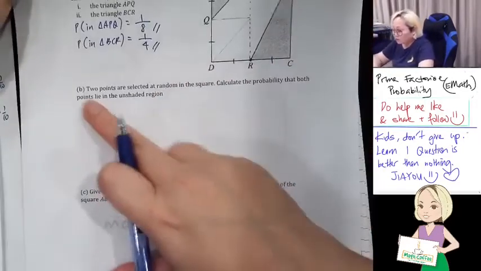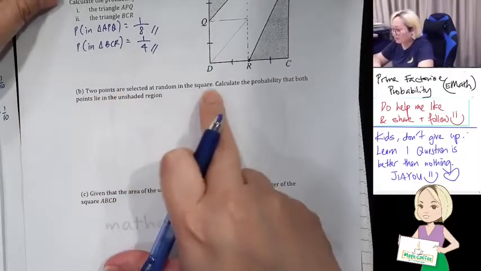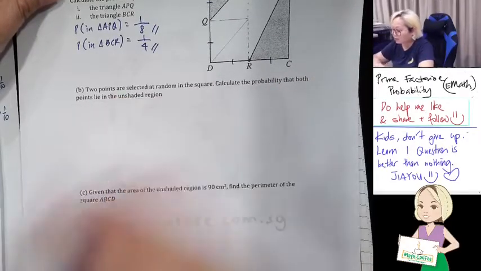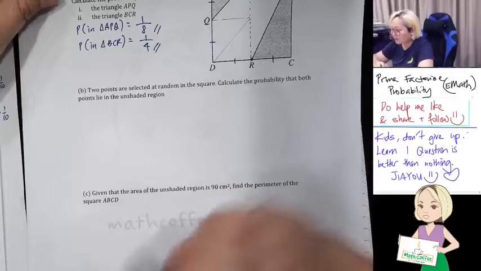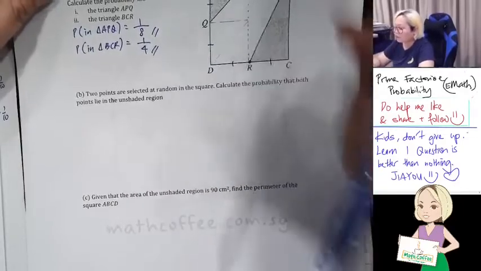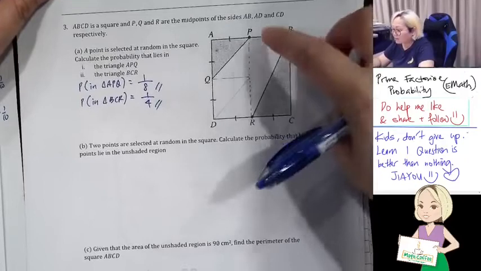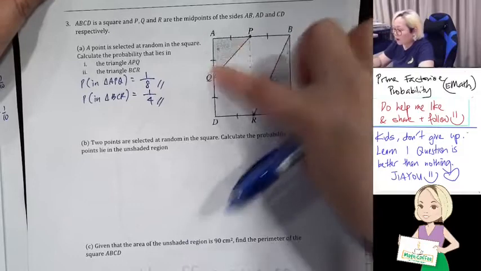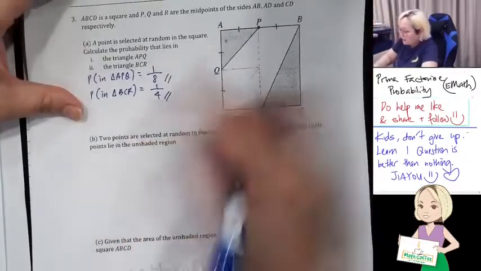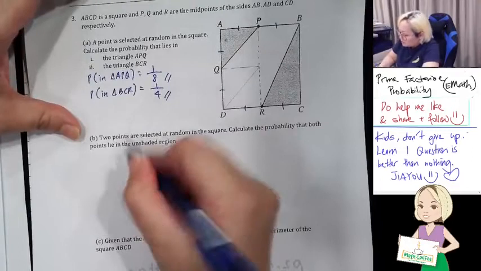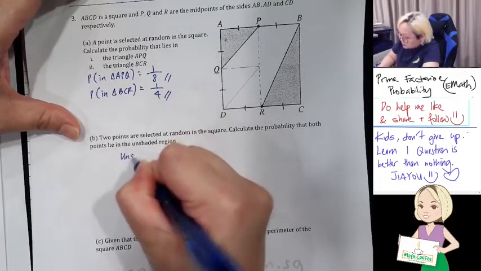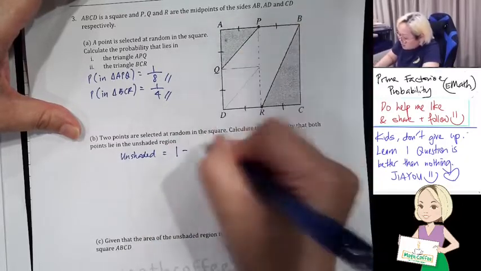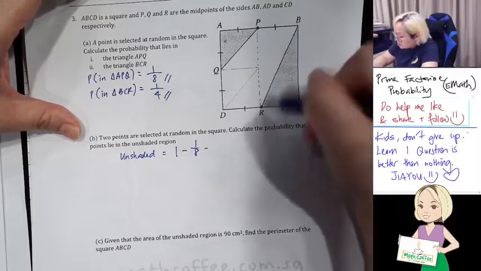Let's move on. Now they say 2 points are selected at random in the square. Calculate the probability that both points lie in the unshaded region. So how are we going to find the unshaded region? The best way is to cut. Do you agree that this is 1 out of 8? So I'm going to find the shaded. For the unshaded, I take 1 whole minus 1 out of 8 minus 1 quarter.